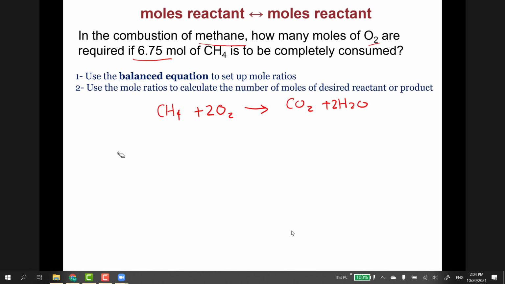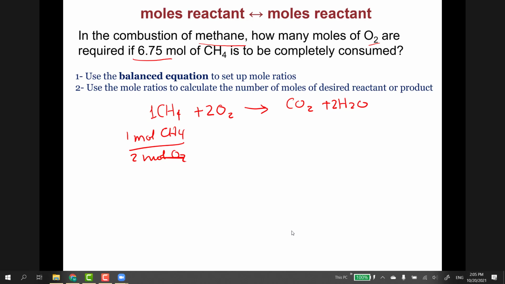From this balanced equation, we have equivalencies or mole ratios between each species and the others. It says that 1 mole of methane is going to react with 2 moles of oxygen. So the mole ratio between methane and oxygen is 1 mole methane to 2 moles oxygen.